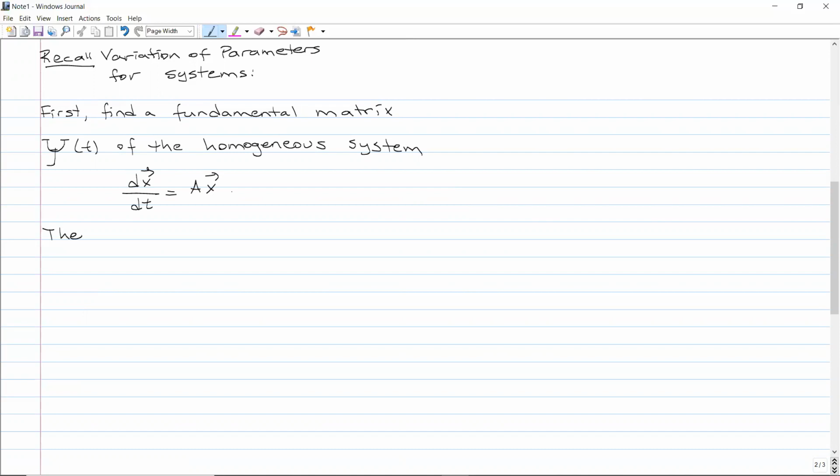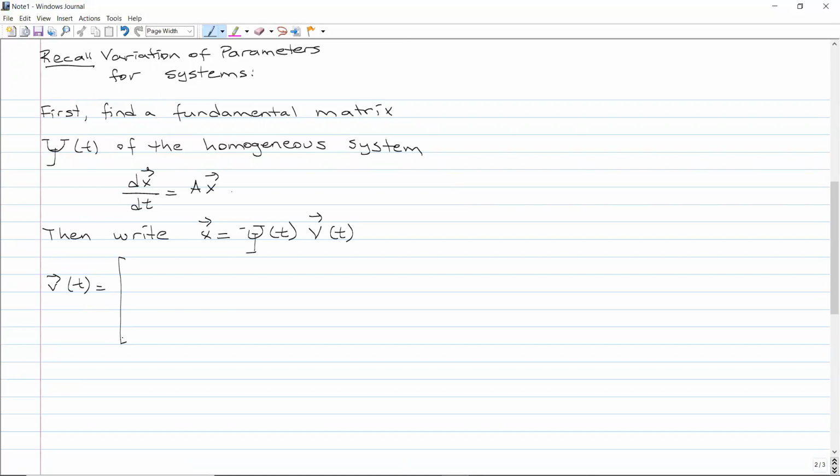Then we write the solution x as the fundamental matrix times a column matrix of functions v(t).